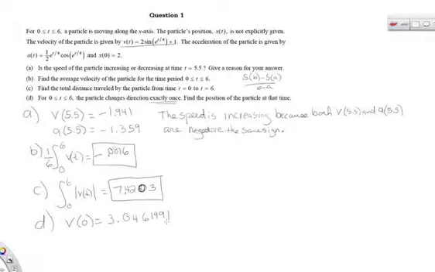And so now I want to know, find the position. So that means I need to know, where did you start? So I started at 2. And I'm going to add to that what happens as I go from 2 to 3.04619991 of the velocity. So that's all I need to do.